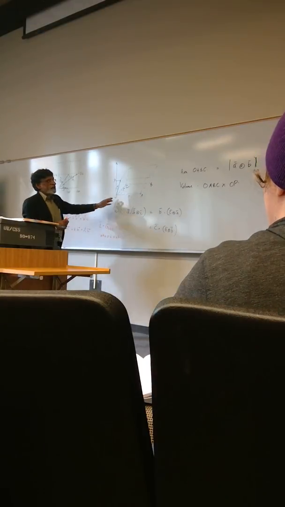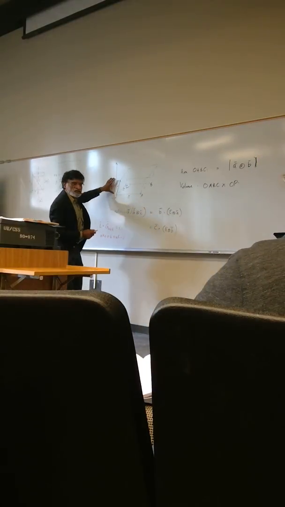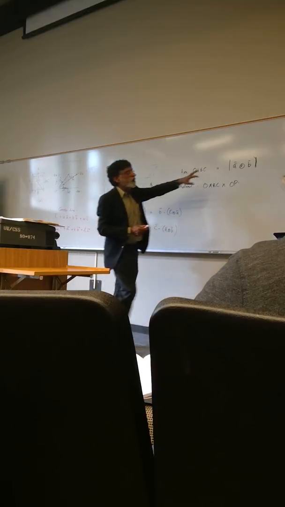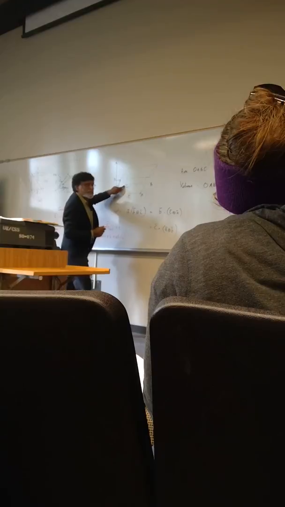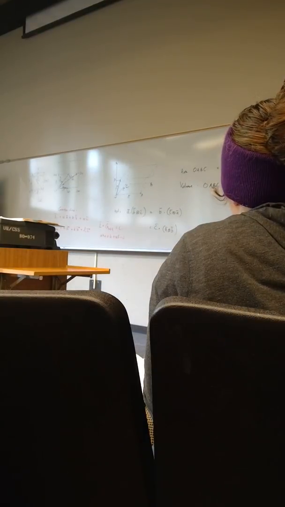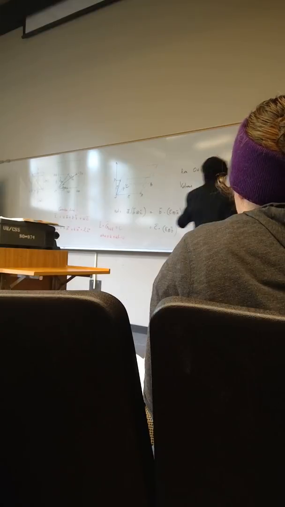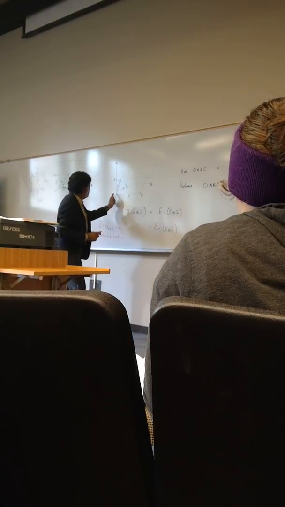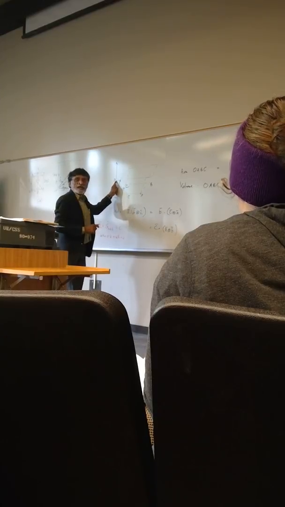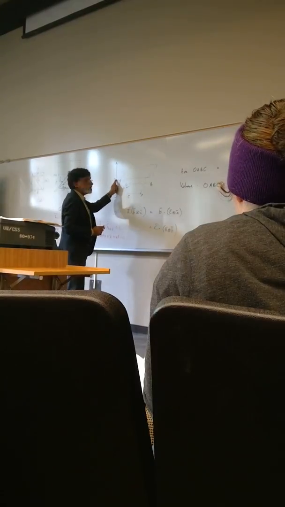Okay, basically what I did was, this is the C star along this direction. This is going to be A cross B, and that is the area of OABC. And then the volume is this parallelogram multiplied by this height OP. Not this one, but this height.